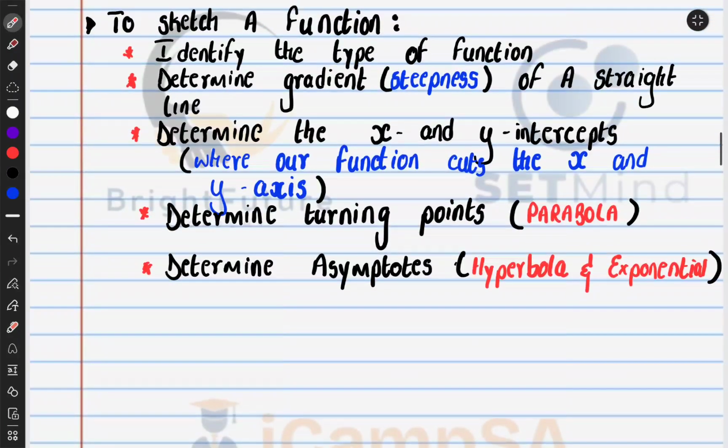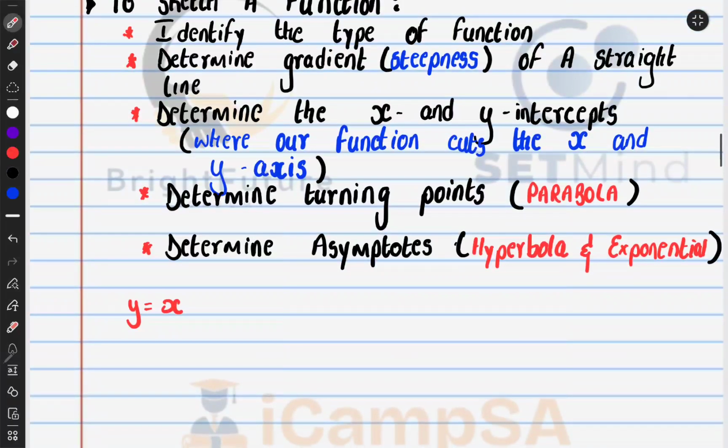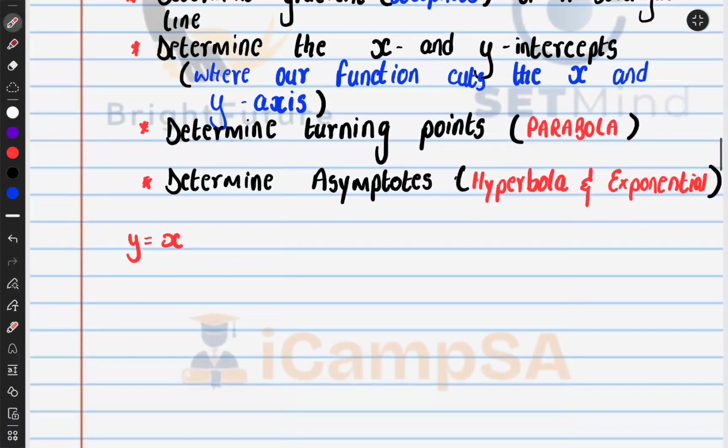Say you are given y is equal to x, just a simple one. We just take random values of x, maybe 3 or 4 values of x, and then we input them to find the corresponding y values in the table.